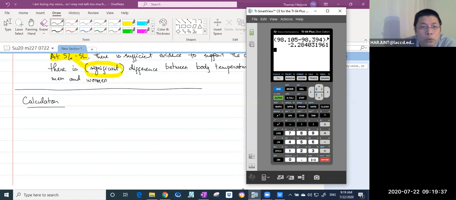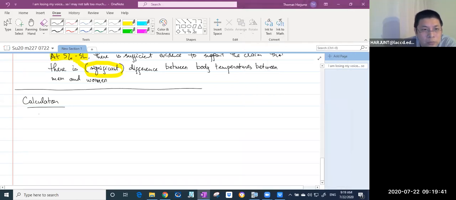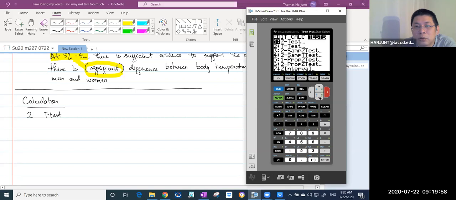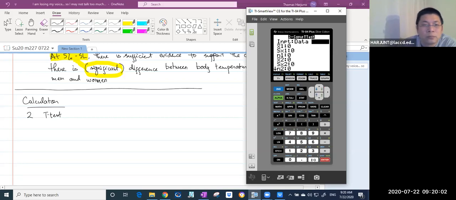We will use a t-test, but this time we'll use two-sample t-tests. Stat, Tests, 2-SampTTest.